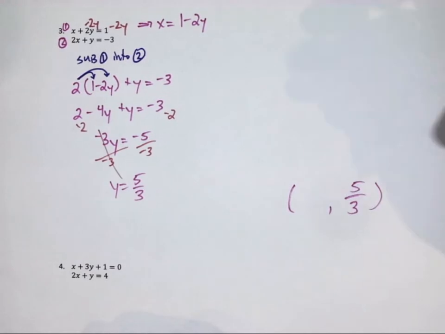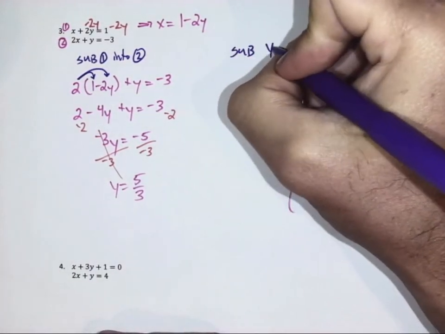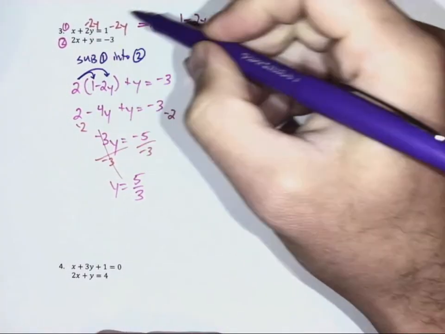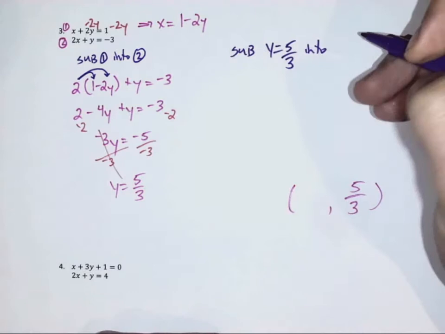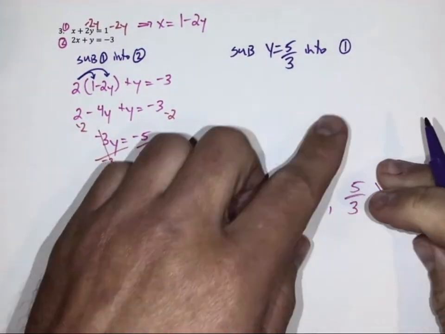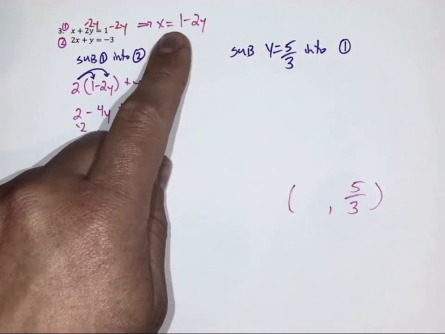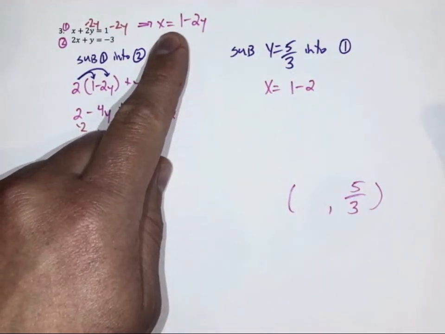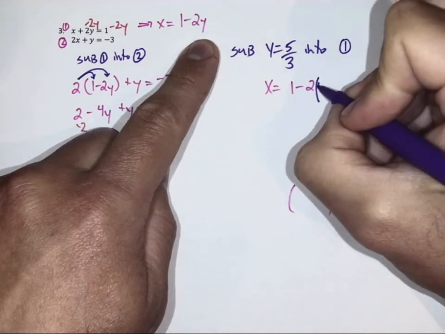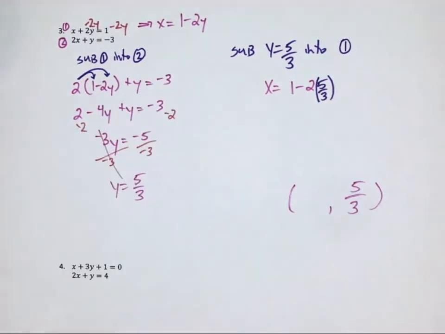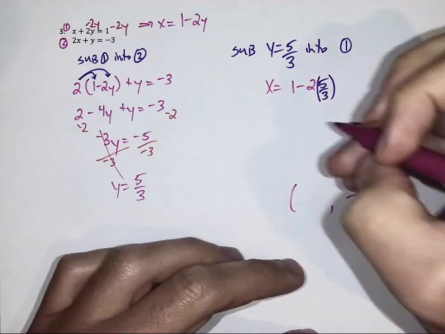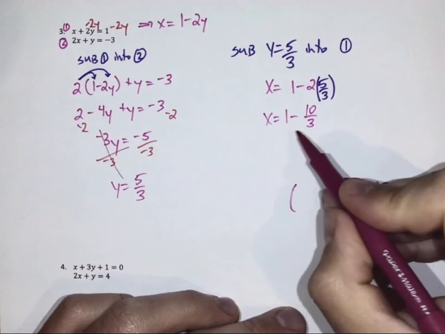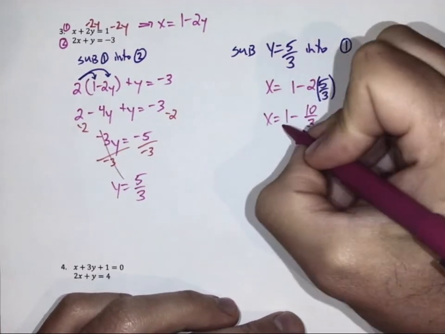I need to continue and sub y equals 5/3 into, again, equation 1, equation 2, or my rearranged equation 1. I'm going to sub it back into my rearranged equation 1, because I already have x isolated. All previous math still exists. 2 times 5 is 10, divided by 3. Adding and subtracting fractions, I need to find a common denominator.